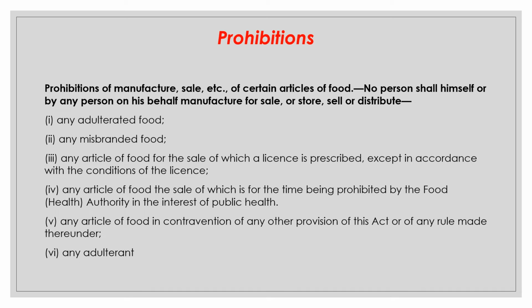And the second one, prohibitions of manufacture, sale, etc. of certain articles of food. No person shall himself or by any person on his behalf manufacture, store, sell or distribute any adulterated food or any misbranded food. Okay. If it requires license for production, then he must comply with the conditions of such license.